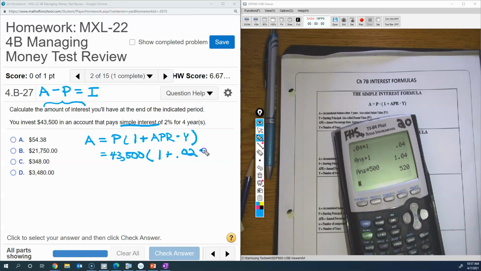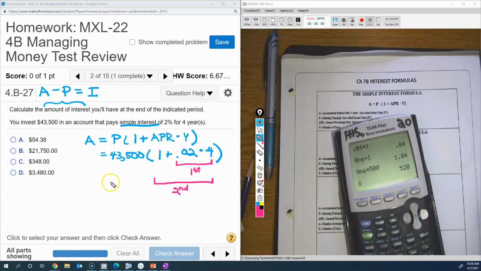0.02 times 4. Okay, so here's what I was talking about. The order in which you do this matters. So you have to do this first. Then you add the 1 second.